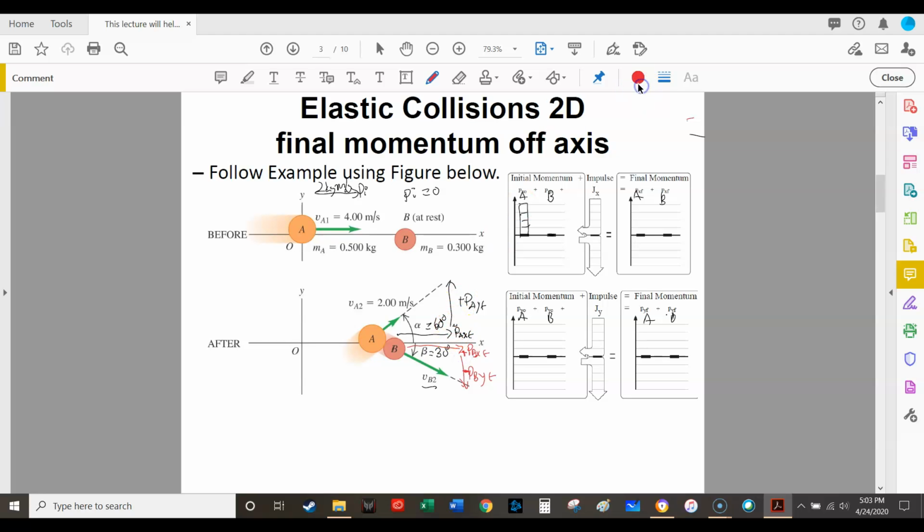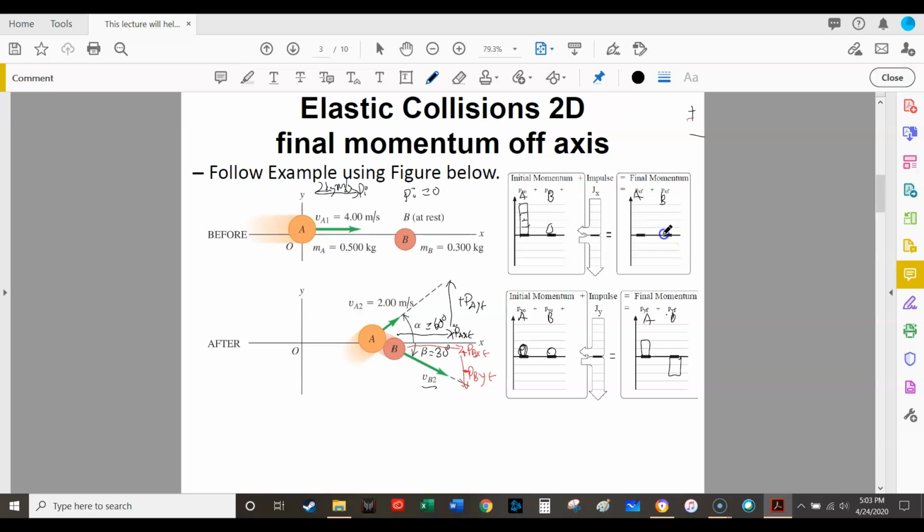So here you go. Right? Well, that means if it's got 4 blocks in the x direction here, in the y direction, it actually had no momentum. So both objects had no momentum initially in the y direction. So that means in the y direction here, block A is going to have a momentum up, and block B is going to have a momentum that is negative.